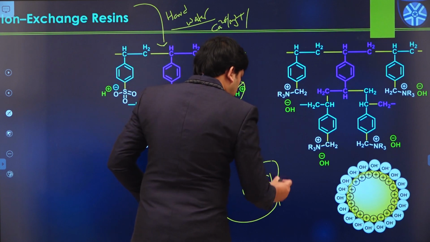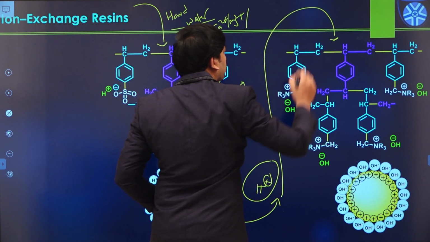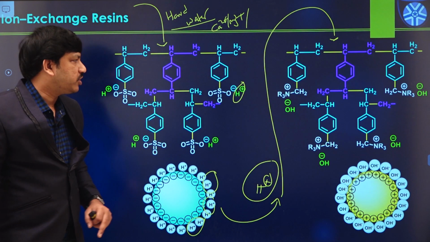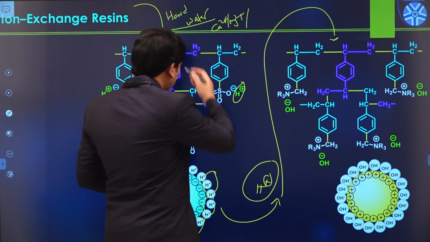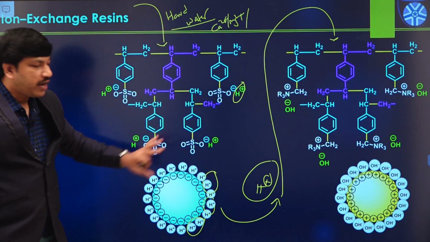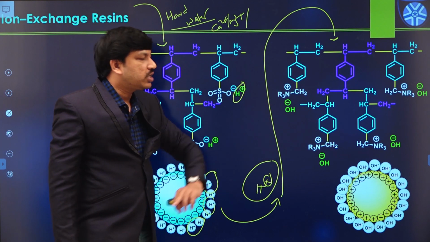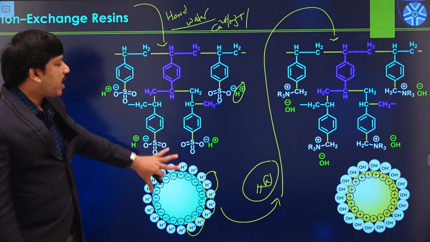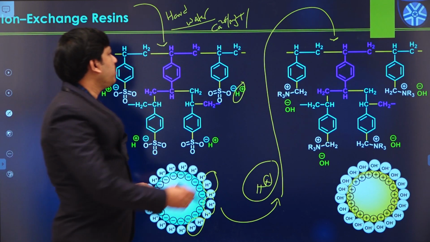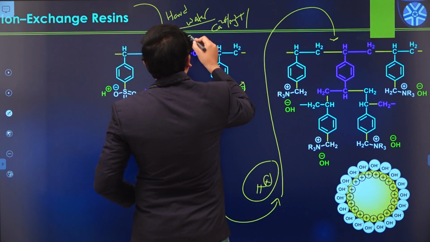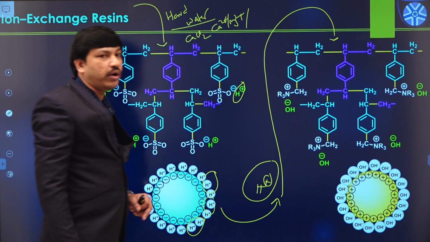Again, this water goes to the other exchange resin, the anion exchange resin. Whatever water comes from the cation exchange resin goes to the second resin. So in the first step only cations are removed. Let us say we have calcium chloride in the water sample.